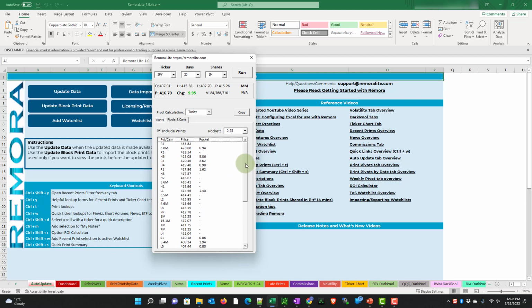So now, how this works is if we're trading at 416.70, which is up here, tomorrow that's going to be a cam. That's actually going to be the second cam, 416.67, and we're slightly above that. If we were looking for a pocket size of 75 cents to scalp during the day, where would be the best entry for that?